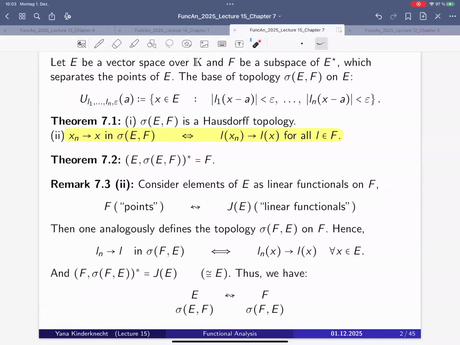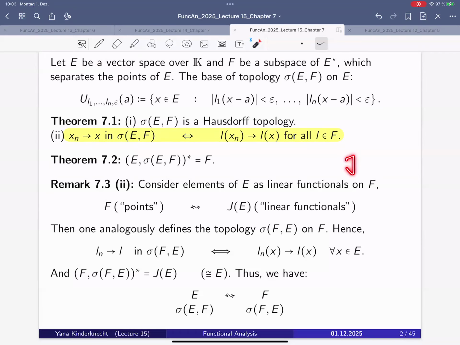Moreover, now we can exchange the roles of E and F in the following way. We consider F as points, and to each point X in E, we consider this functional.